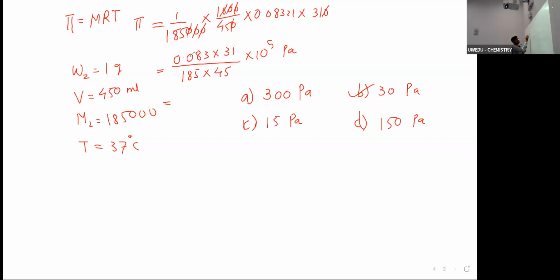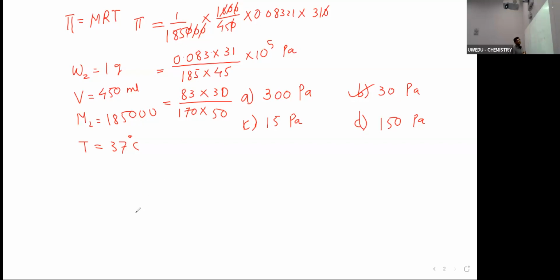I'm writing this as 83, and 83 into 31, so I'm writing 30. I'm making it less, and then this is 50. If I increase this, the other should be decreased. So how much? 160, you can write 170.